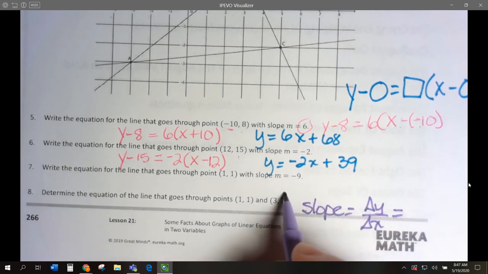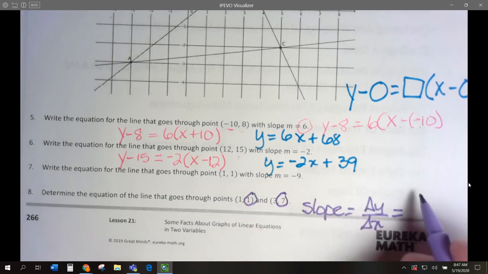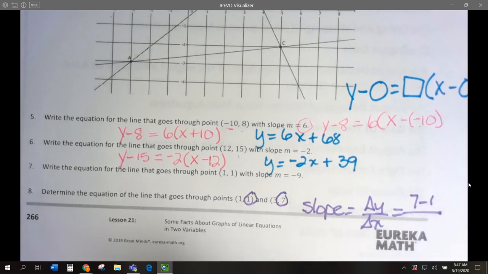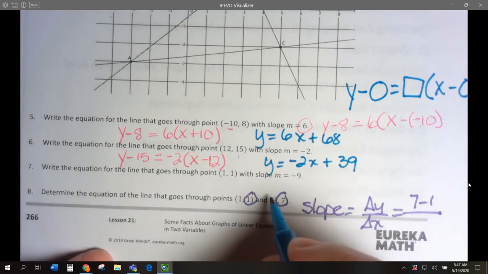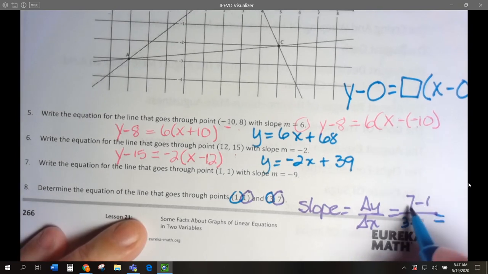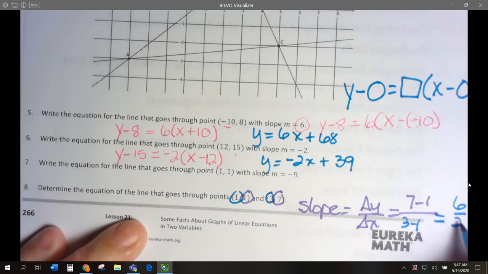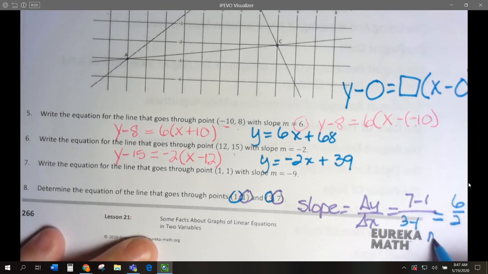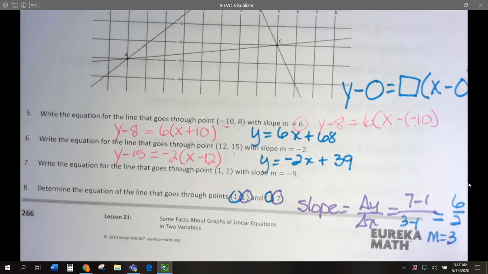So what are our y's? 7 minus 1, right? And what are our x's? 3 minus 1. So that's going to equal 7 minus 1 is 6. 3 minus 1 is 2. 6 divided by 2 is actually 3. So m is going to be 3. So our slope is 3.